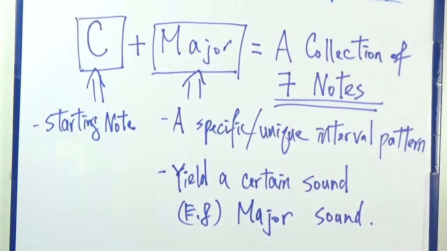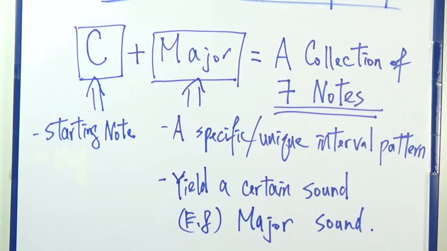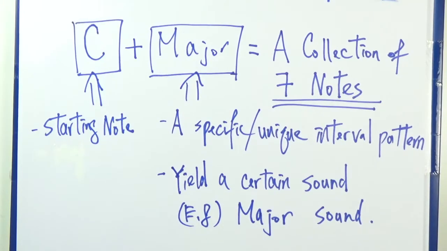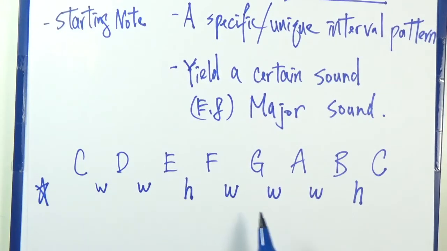And the letter here is just a starting note. It doesn't have to start on C, but for this example, we are starting on C. So C major means let's pick the starting note C and construct this set of intervals.